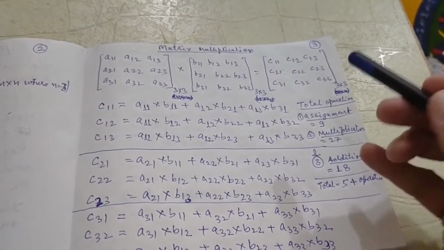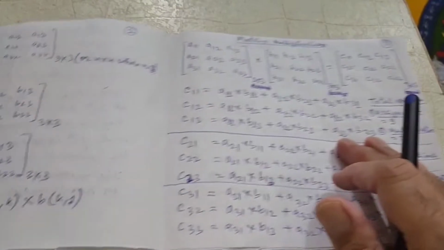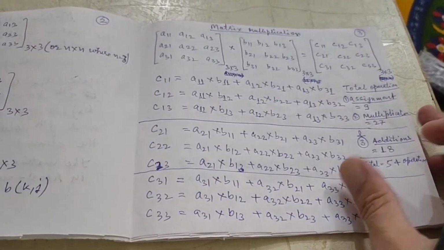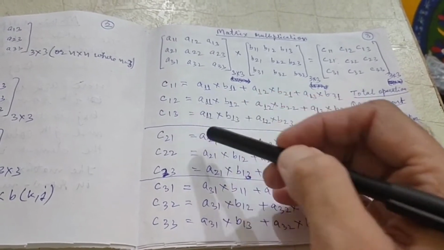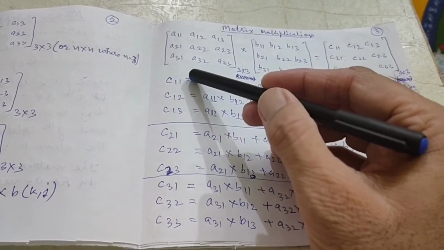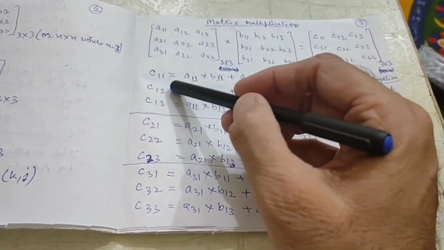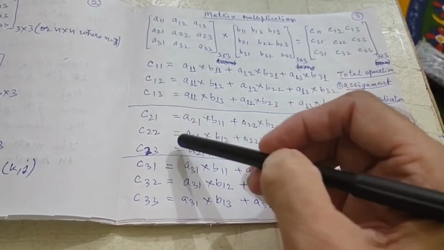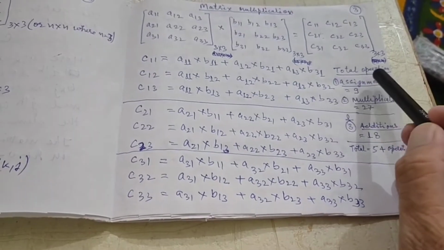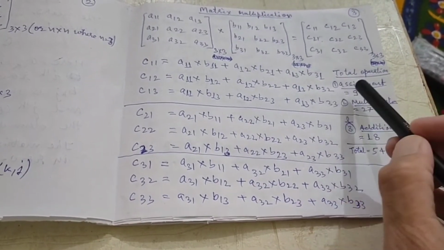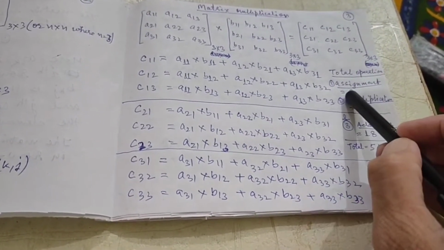Now here we have to see how many operations this matrix multiplication will take. So we have 9 assignments. So total operations, the first one is the assignment, which is 9.